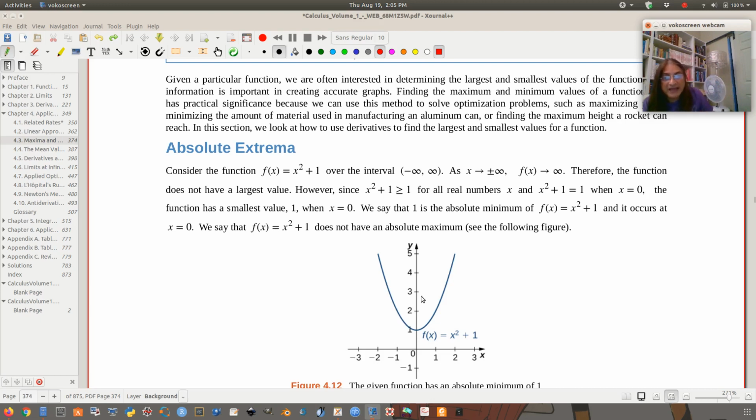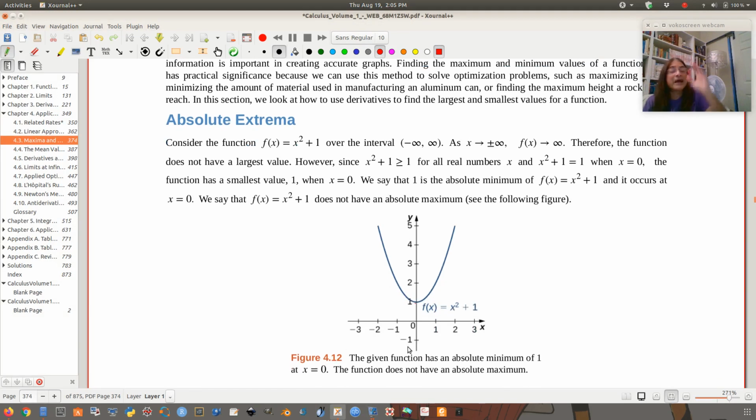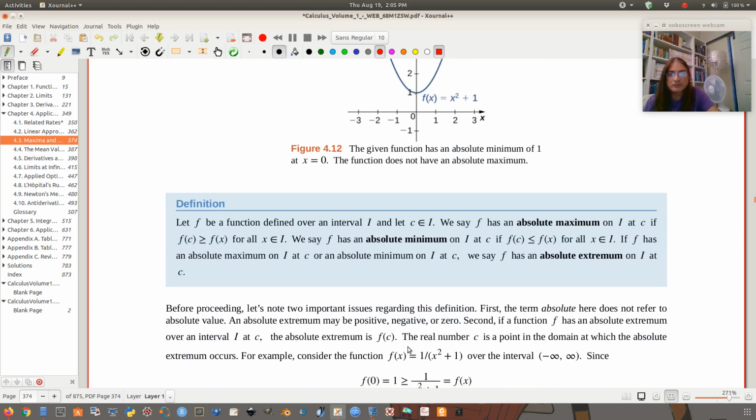But it has a point at x equal to 0, where the value is 1, and the value 1 is the absolute minimum of the function, and there is no absolute maximum of the function.